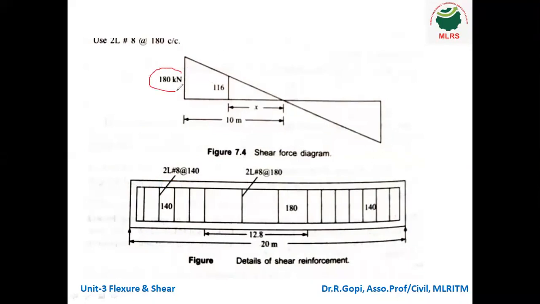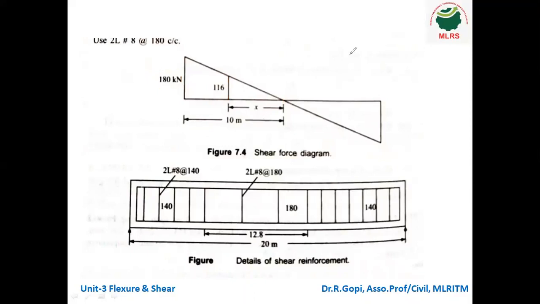So maximum shear is 180 kilonewton. At middle it is 0 because at middle bending moment is maximum, but shear is 0. So approximately in this triangle, nearly half of the distance, we have to reduce the shear reinforcement.